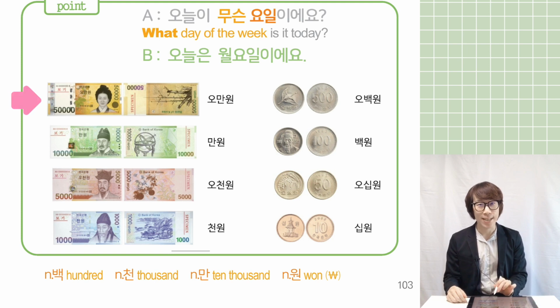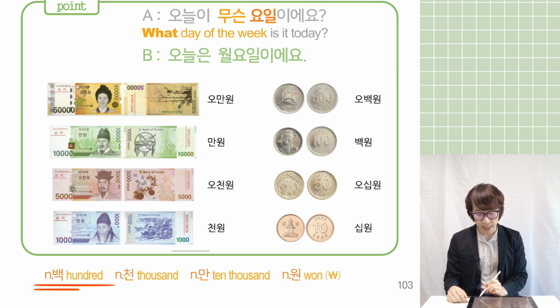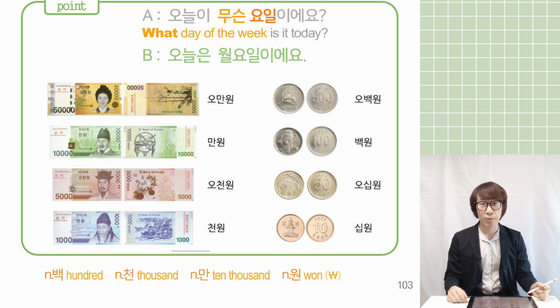Money, for example, can you see here? 5만 원, 50,000 won. 만 원, 10,000. 5천 원, 5,000. 천 원, 1,000. 500원, 500. 100원, 100. 50원, 50. 10원 is 10. 원 is the won, the Korean currency indicator. And can you see? 백 is 100, 천 is 1000, 만 is 10,000. So when you're counting money, you can use 1, 2, 3, 4 as well.